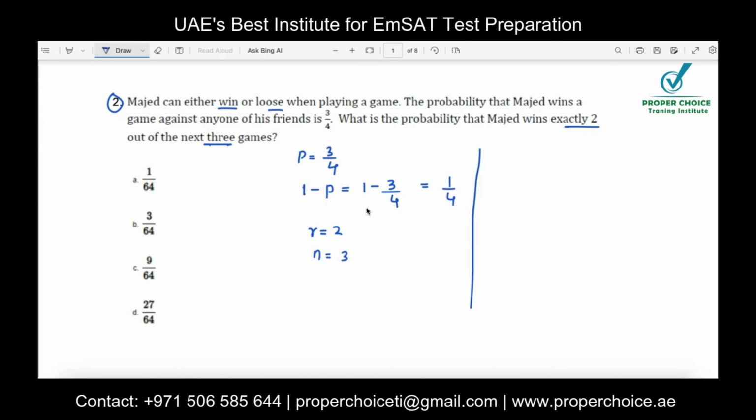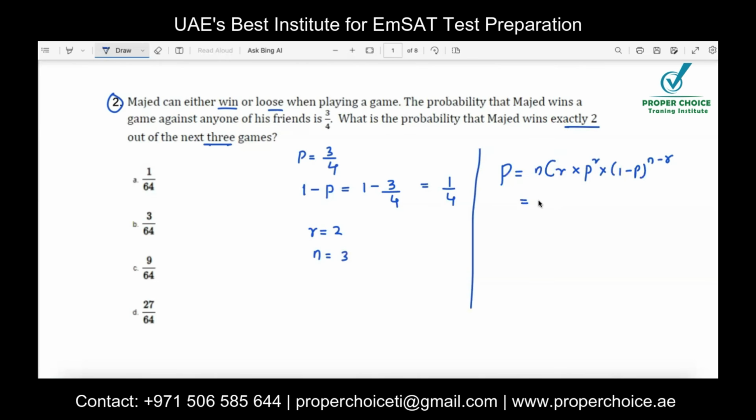There is a formula to answer such questions. See, the probability of the combination of independent and dependent events is P equals nCr times p to the power r times (1 minus p) to the power n minus r. This is the formula, which will not be given in the exam, but they commonly ask questions based on this. Here I need to substitute the values.